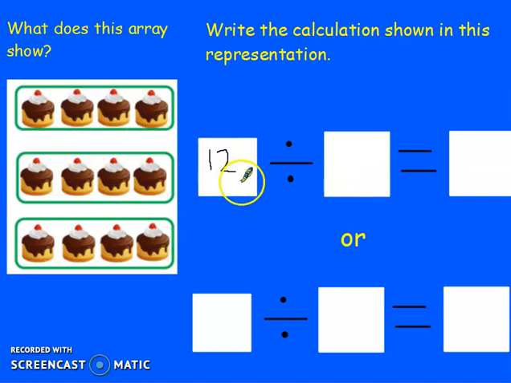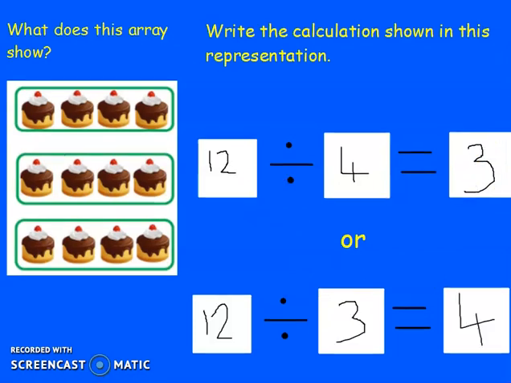And those 12 have been grouped into 4 groups. There's 4 cupcakes, there's 4 cupcakes, and there's 4 cupcakes. And how many groups does this equal? 3 groups of 4. Or you could switch those 2 numbers around because you can get your 12 cupcakes into 3 groups and there are 4 cupcakes per group.